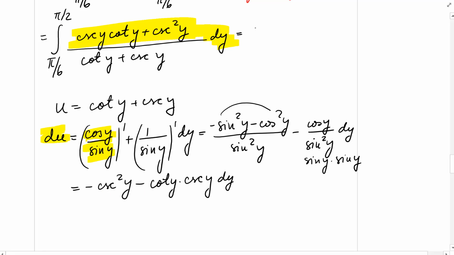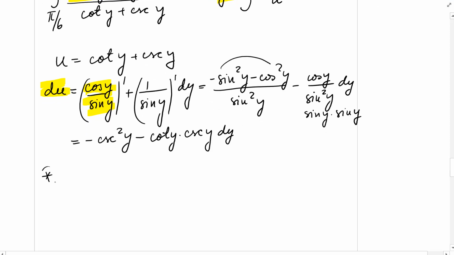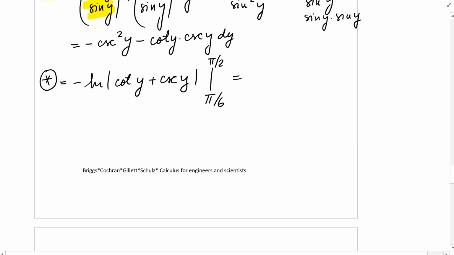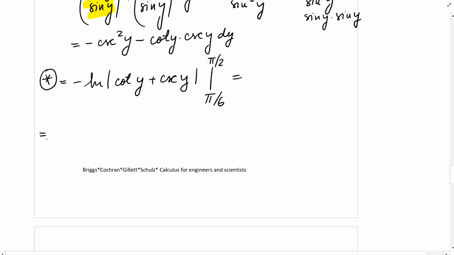So it's going to be integral of du over u, let's put a minus, and this gives us negative ln of absolute value of u, which is equal to negative ln of cotangent y plus cosecant y from pi over 6 to pi over 2. So all we have to do is plug this in and see what we get.